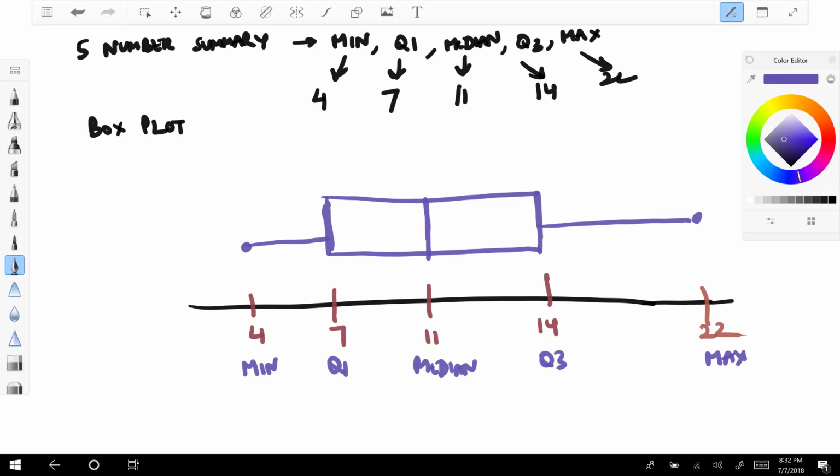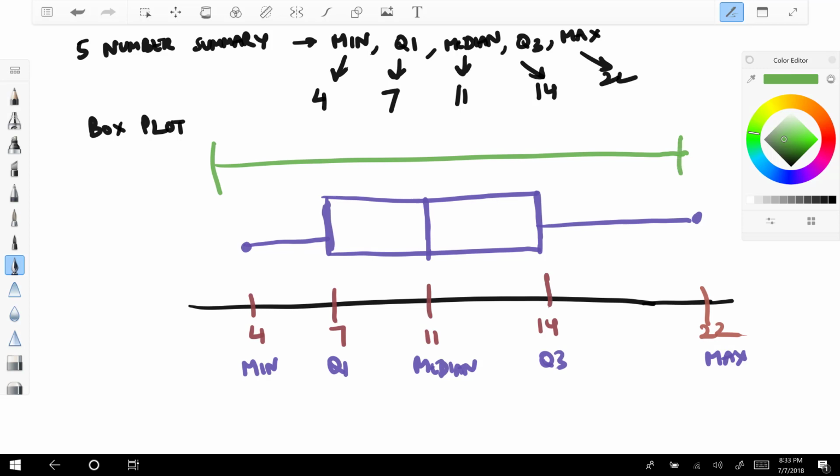So that's our box plot. So because this represents our data set, the wider our box plot is, the higher the spread. So here our spread is this much.